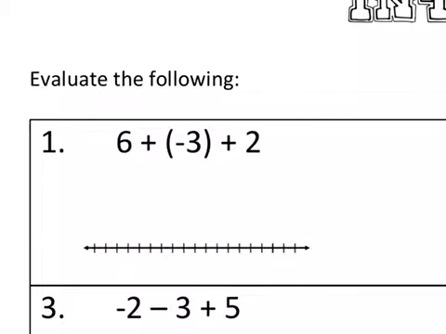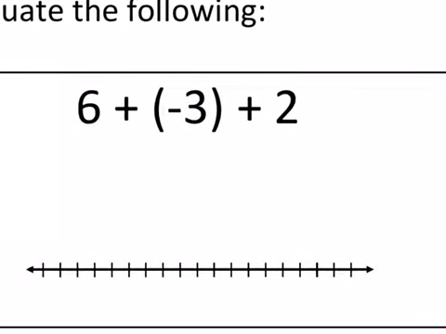And if you're having some trouble with adding or subtracting integers, drawing it out on a number line really helps the situation. So I'm going to draw them out on the number line just so you can visualize it. So what I will do is start with 0 about here.